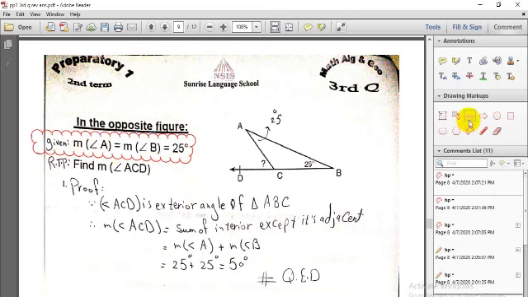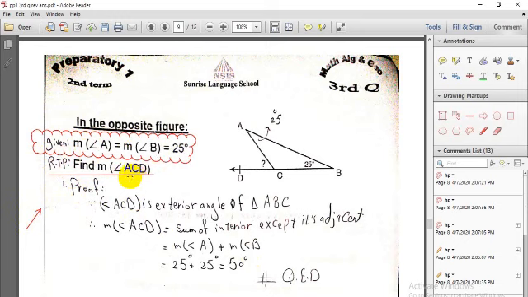Then we're going to write the required to prove. Then we're going to write the proof. What's the proof? I'm going to use the given to get the required to prove.